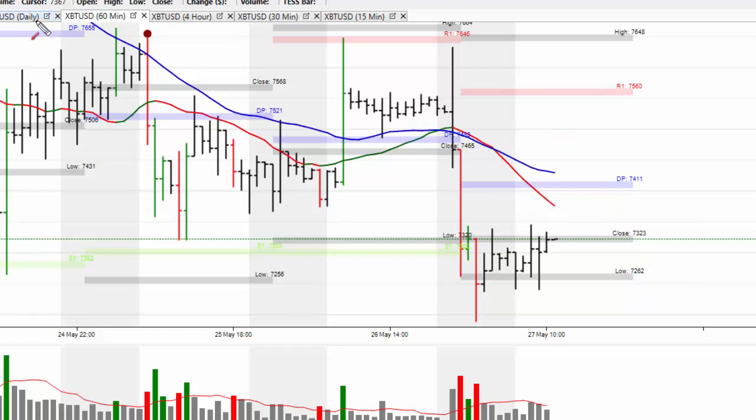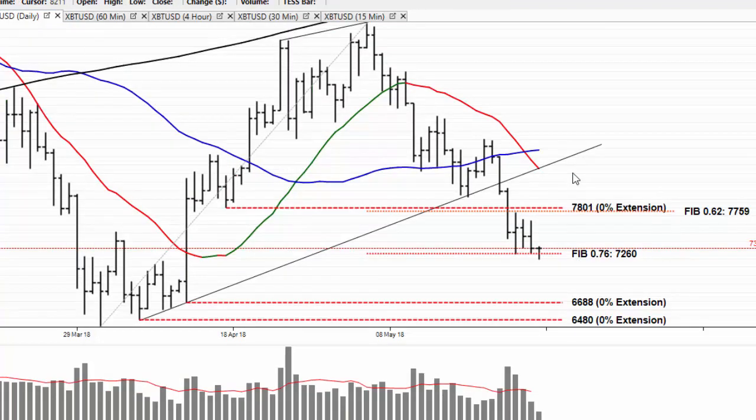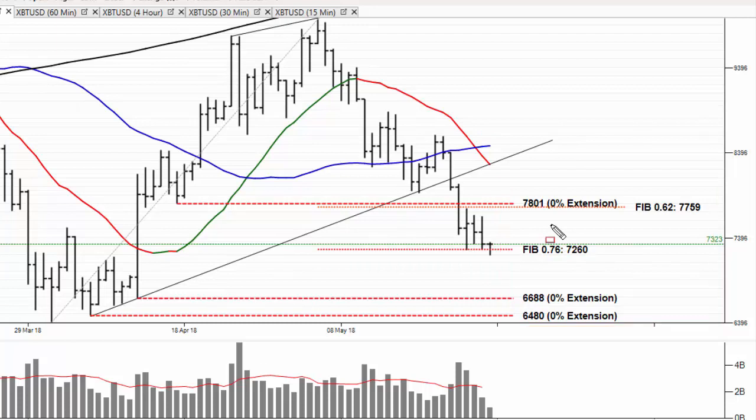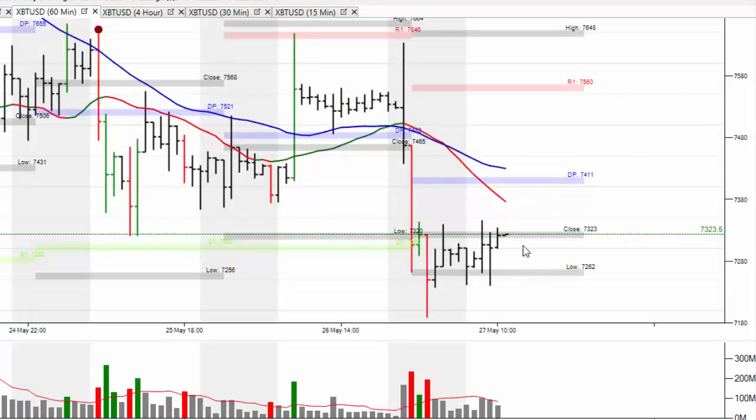So if I just switch to the daily chart, I can get a good indication of what's going on here. And also it's broken below the trend lines, and I've got all these other indicators which we will cover in the advanced videos also on this chart, and I can see exactly where I would expect this market to go if the market failed at the DP level.